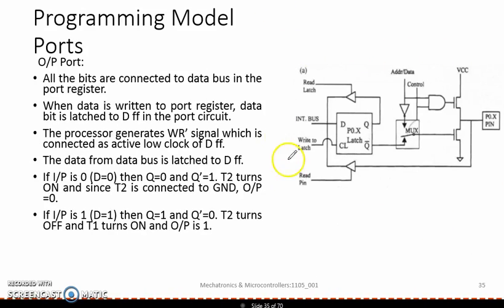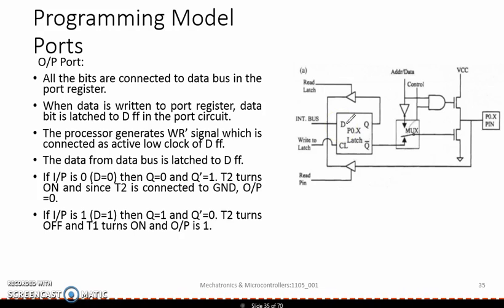The diagram shows how exactly an output port is defined. All the bits are connected to the data bus in the port register. When data is written to the port register, the data bit is latched to the D flip-flop in the port circuit. When the processor gives the WR bar signal, that is the write signal, which is connected to the active low clock of the D flip-flop, the data from the data bus will be latched to the D flip-flop.